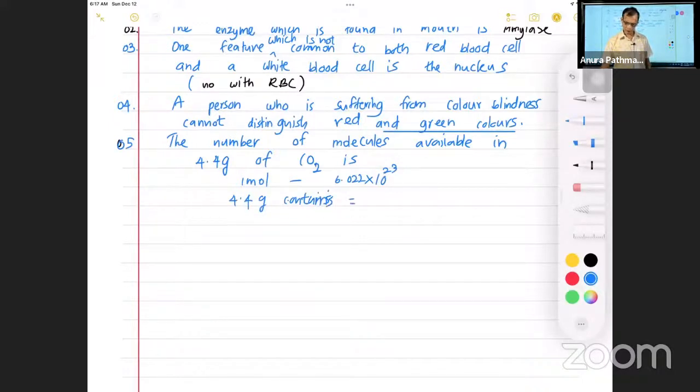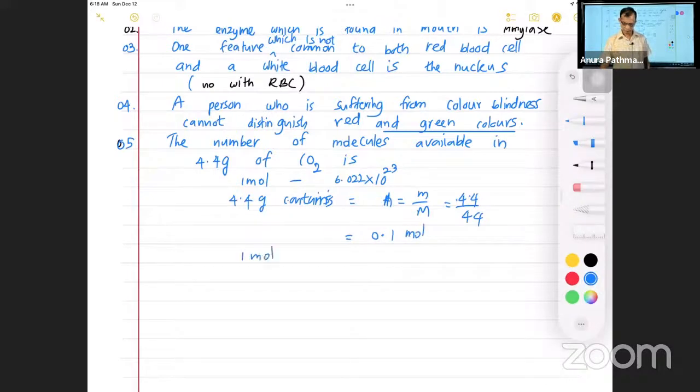How many moles does 4.4 gram contain? n equals small m over capital M, 4.4 divided by 44, so 0.1 mole.